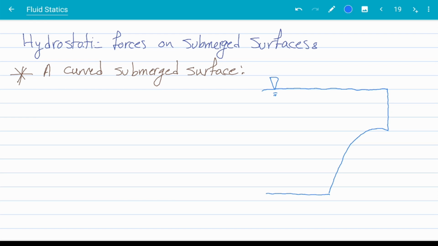You can, of course, generalize this method to three-dimensional as well. So this is a curved submerged surface. I'm going to again take an element on this area. The force working here is again going to be dF.